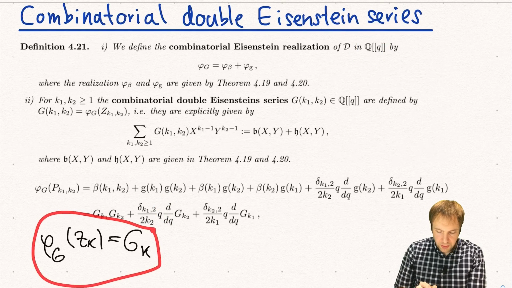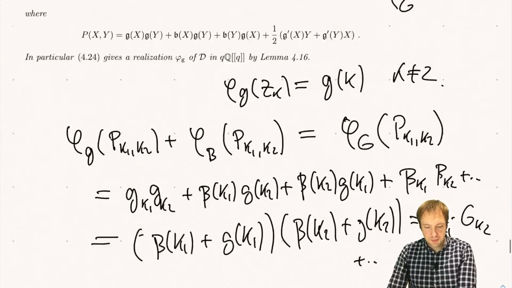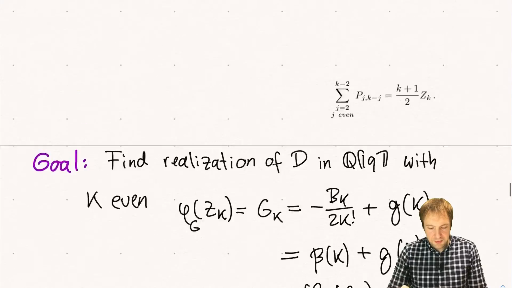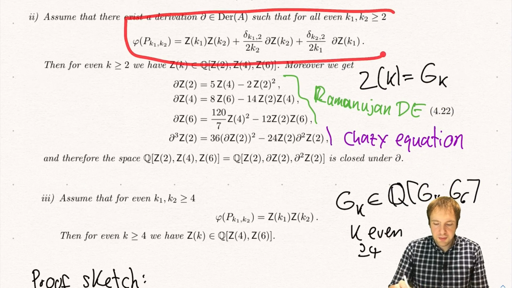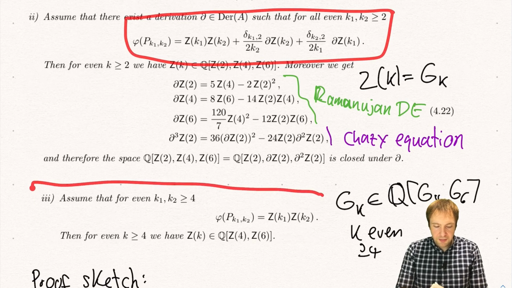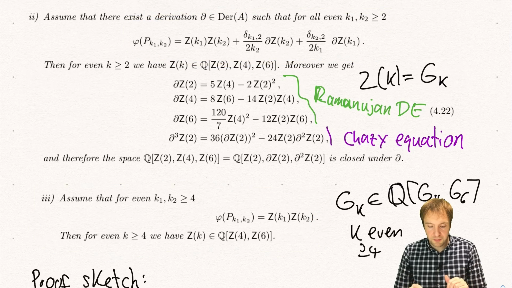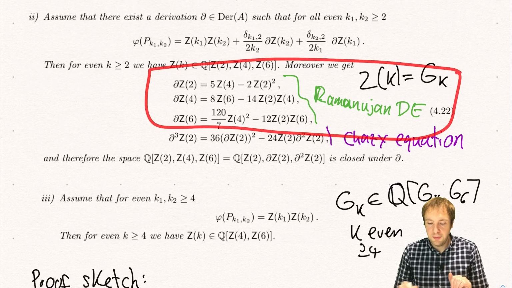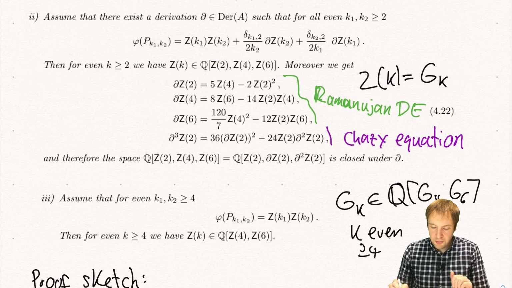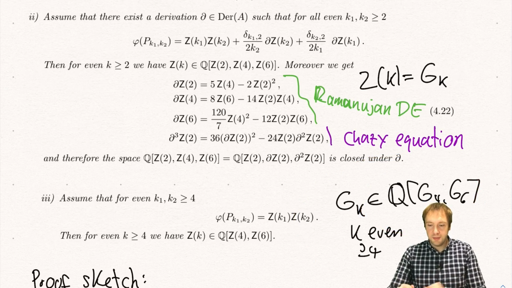And in depth 1 we have this, and therefore this realization here satisfies exactly these conditions in this big theorem, namely it satisfies this condition here, and it also satisfies the condition here, because these extra terms just appear if one of k2 or k1 is 2. And therefore we obtain this differential equation and also the statement that Eisenstein series are polynomials in G4 and G6.